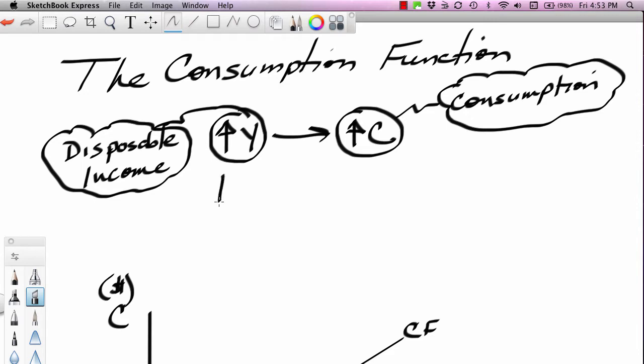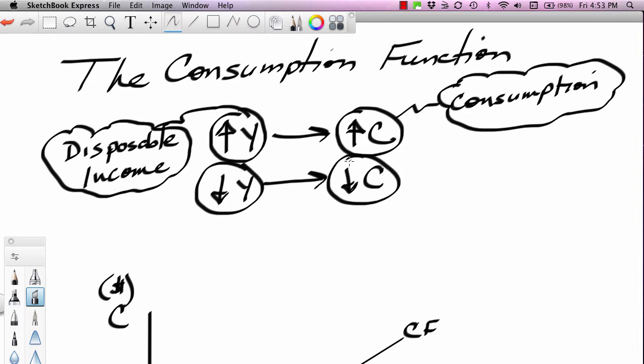If the level of disposable income decreases, we would expect that that would decrease the level of consumption. Again, there are factors besides income that affect consumption, and I'll be looking at some of those a little bit later in the lesson. But the number one factor that affects the level of consumption is the level of disposable income.